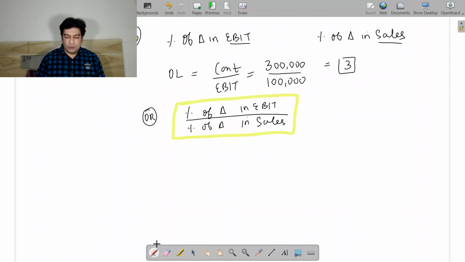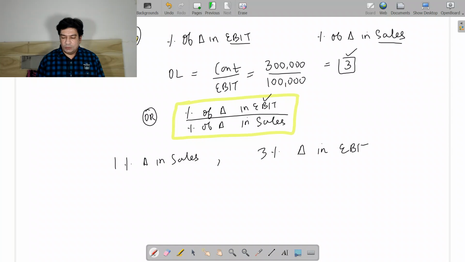Okay. So it means that 1% change in sales will bring 3% change in your EBIT. If you have gone through the lectures, in few lectures I have explained this concept.